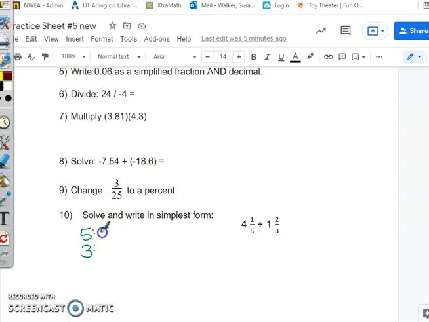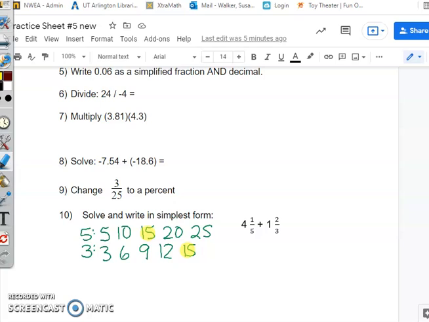So remember, 5, 10, 15, 20, 25, let's try this, 3, 6, 9, I don't see any matches, 12, no matches, 15, and there it is.